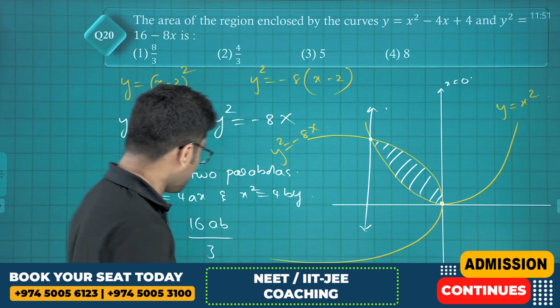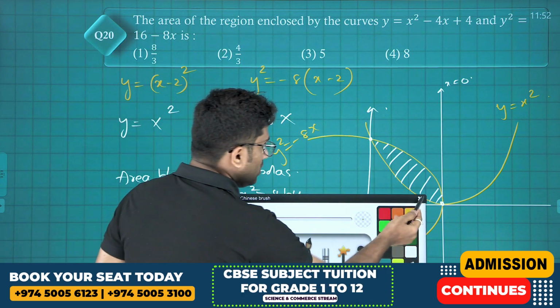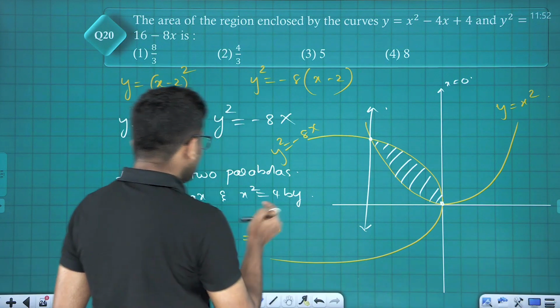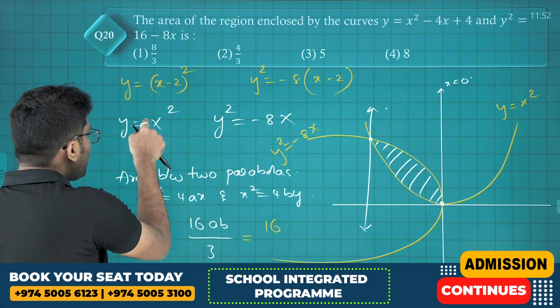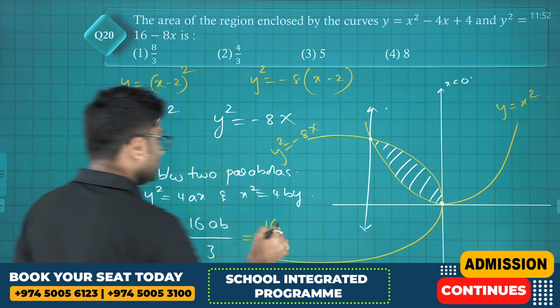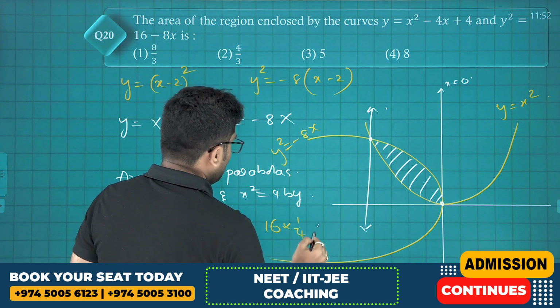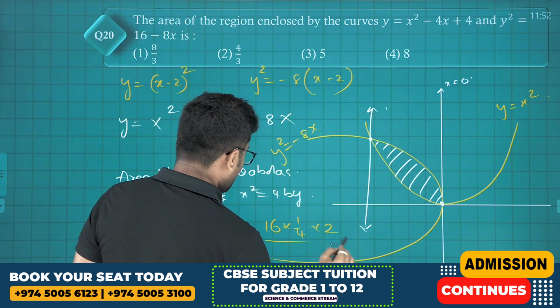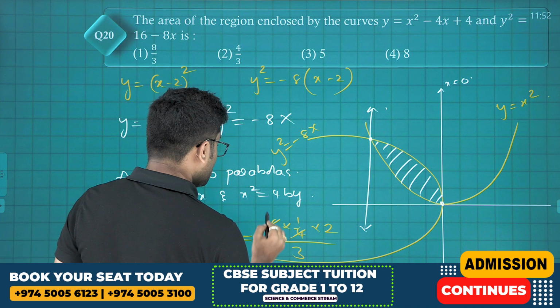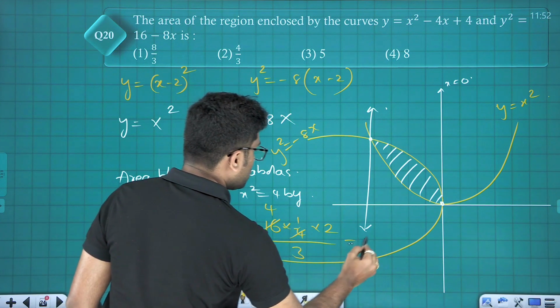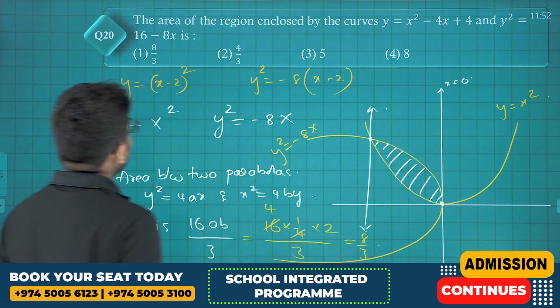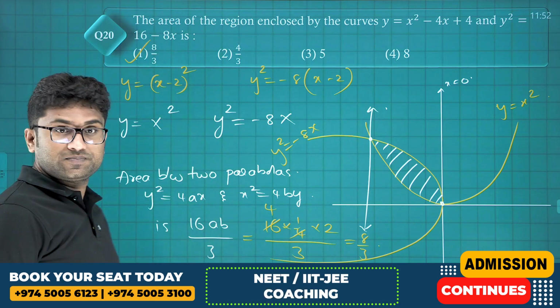Many times we have seen this also in CBSE also. So that is 16 times, here what is a? For the first one a is 1/4, and for the second one a is 2. So 16 times 1/4 times 2 divided by 3: 4 ones are 4, 4 2s are 8 by 3. Finally 8 by 3 square units, friends. Okay.